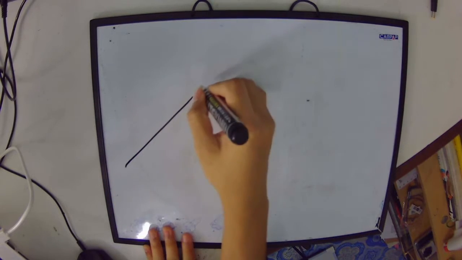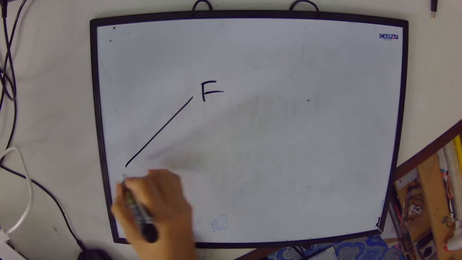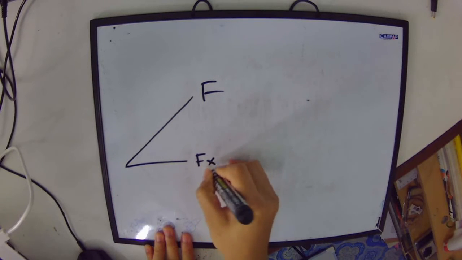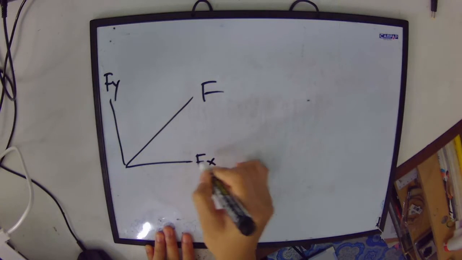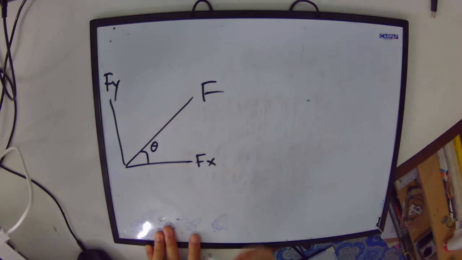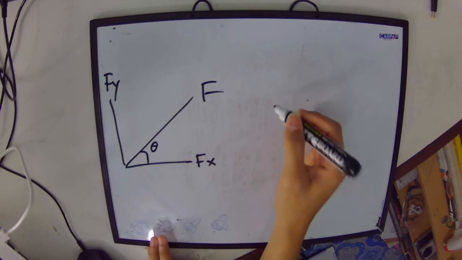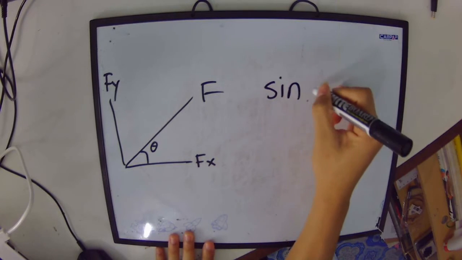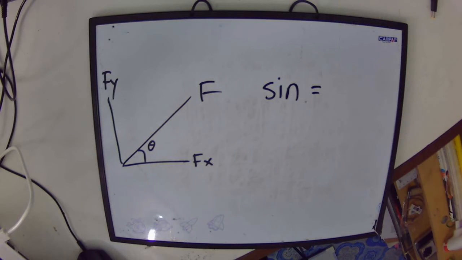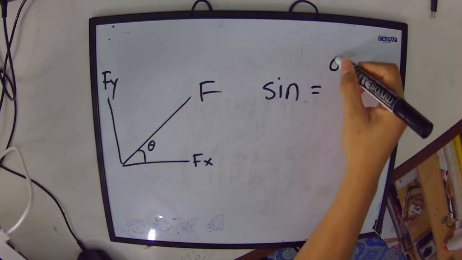So let me go back. So we have Fx, Fy. So we know that sin, okay, the law of SOHCAHTOA, right? SOHCAHTOA, I'm sure you've all learned it. So sin is opposite over hypotenuse.